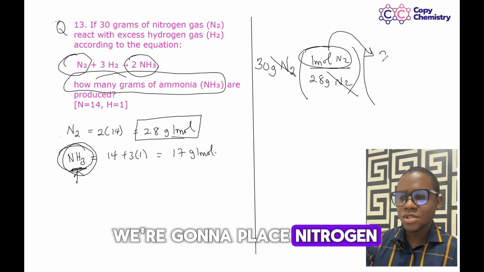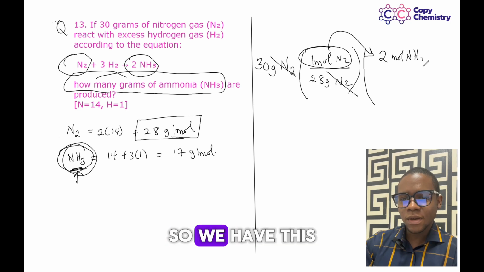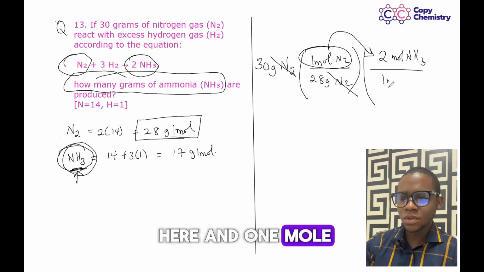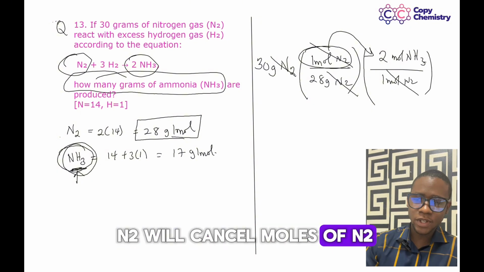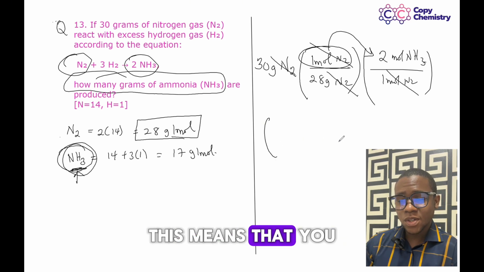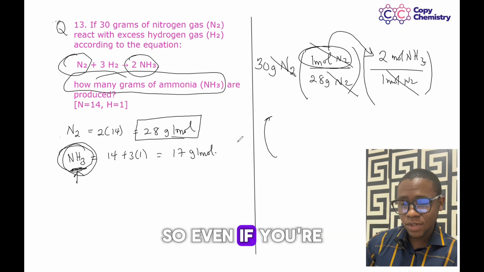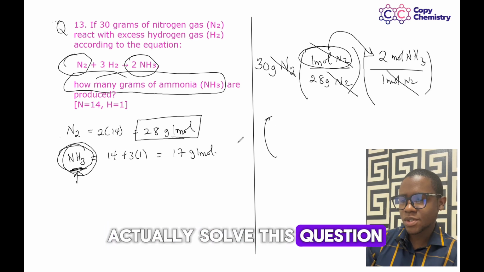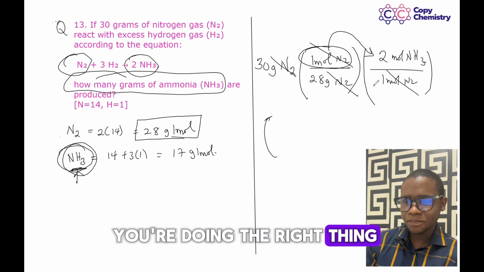So we're going to place nitrogen down and ammonia up. So we have this here and 1 mole of N2. So you can see now that moles of N2 will cancel out moles of N2. So you know what this means? This means that you can actually solve this question without thinking too much. Yeah, so even if you're not thinking, you can actually solve this question. Just make sure that this stuff are cancelling, and then you know you're doing the right thing.